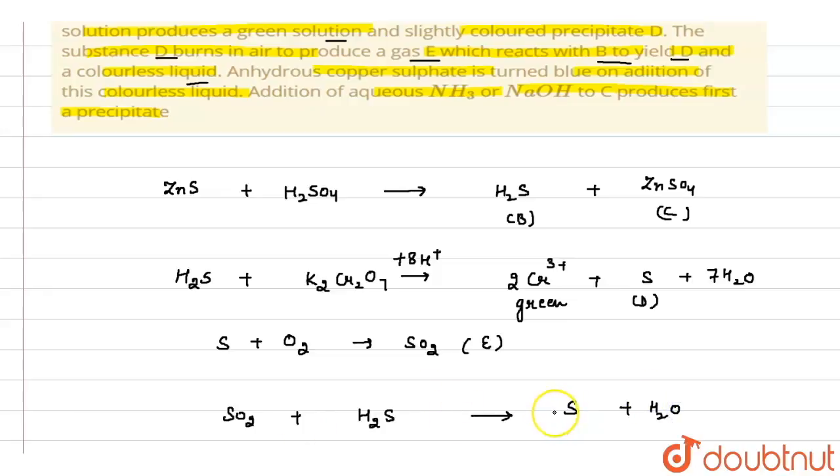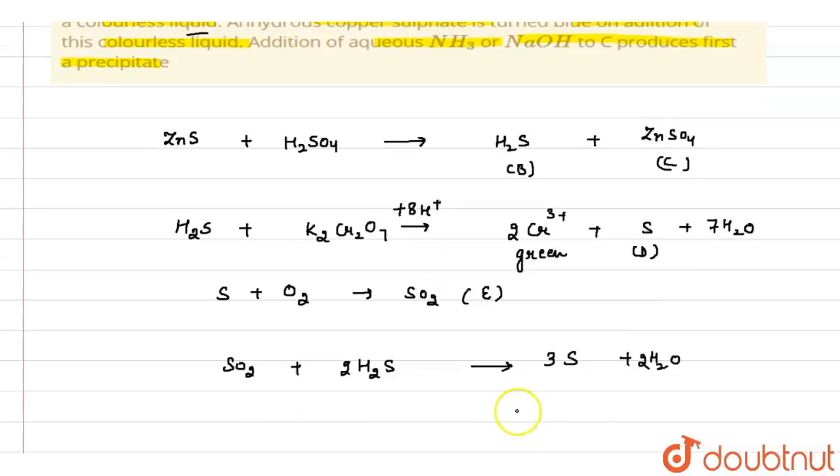When we balance this, it is SO2 plus 2H2S gives 2 water and 3 sulfur. So this is the compound which is formed, and water is a colorless liquid.